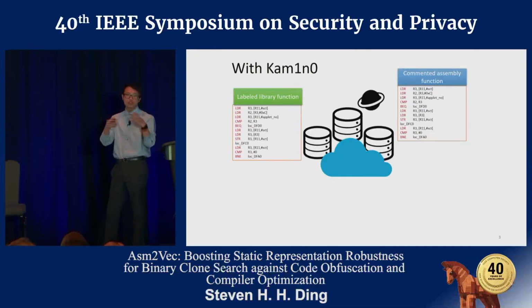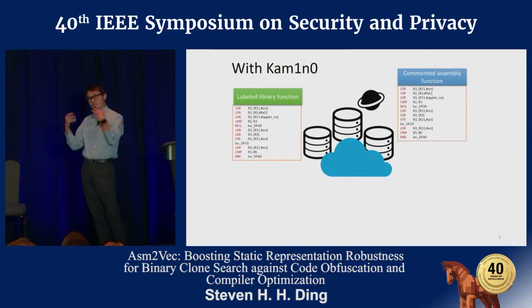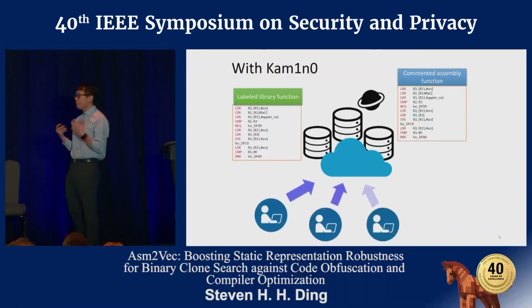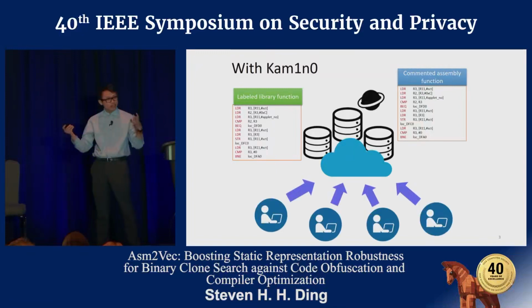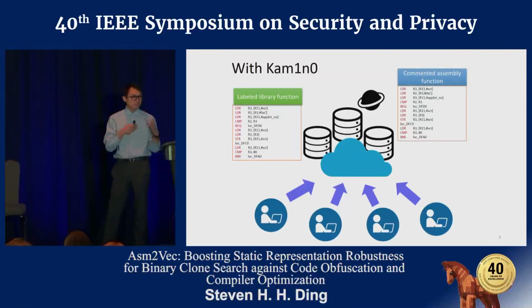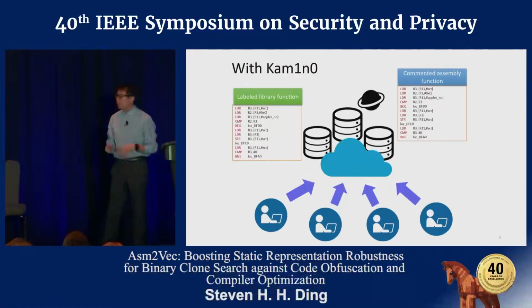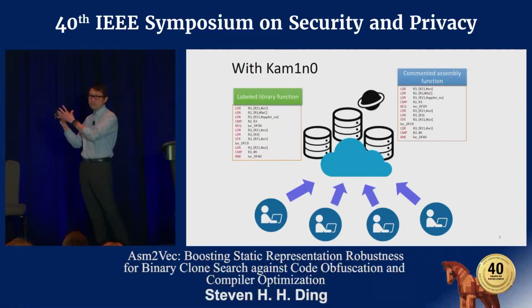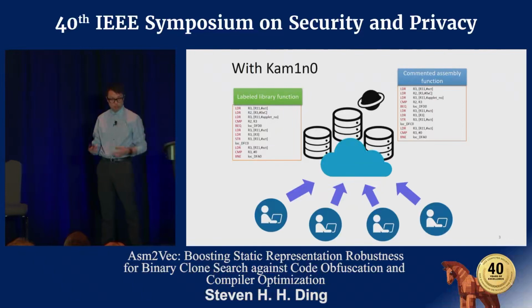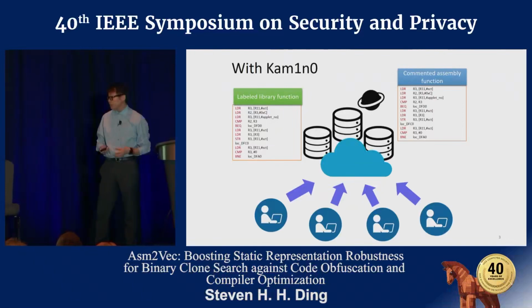Instead of a repository of source code, they create a repository of assembly code depending on the task they're working on. Reverse engineers, as a team or within organizations, can index the assembly functions that they're analyzing, and they can search for the clones as well. By using this high-level system, we try to address the information needs for reverse engineering.